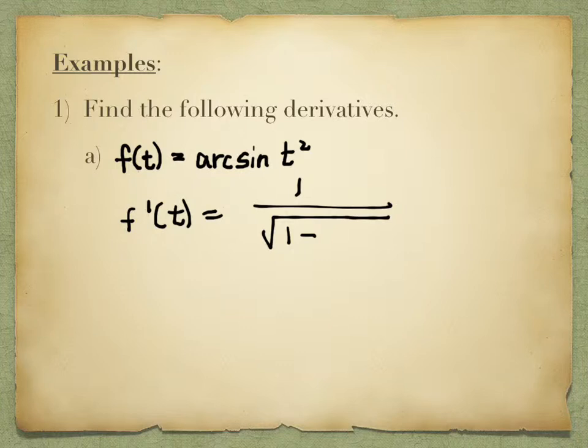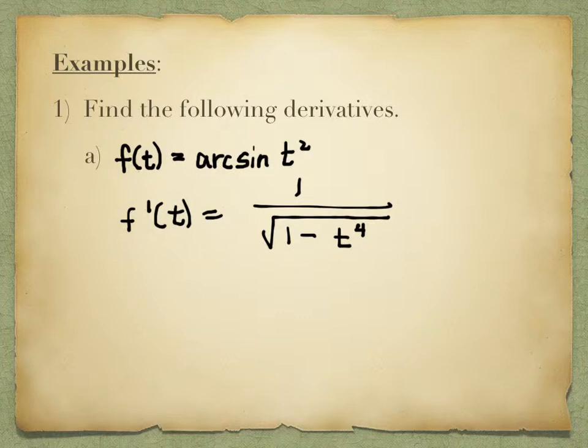X squared. But what is our quote-unquote x in this problem? T squared. So this is not going to have an x, it's going to have a t, and it's actually going to have t to what power? The fourth, right, because I should have t squared, and then that would be squared because of the formula. Sound good?